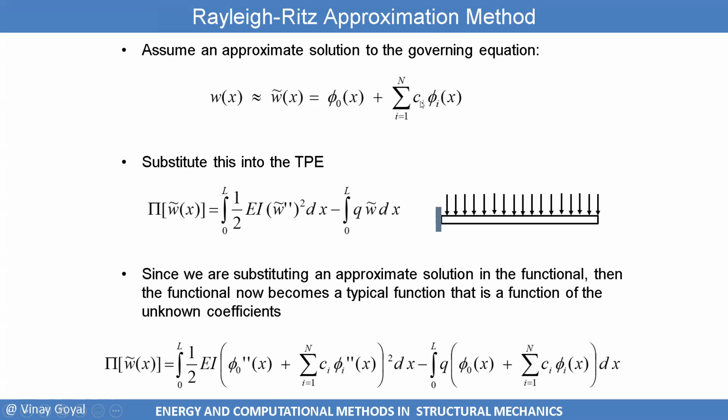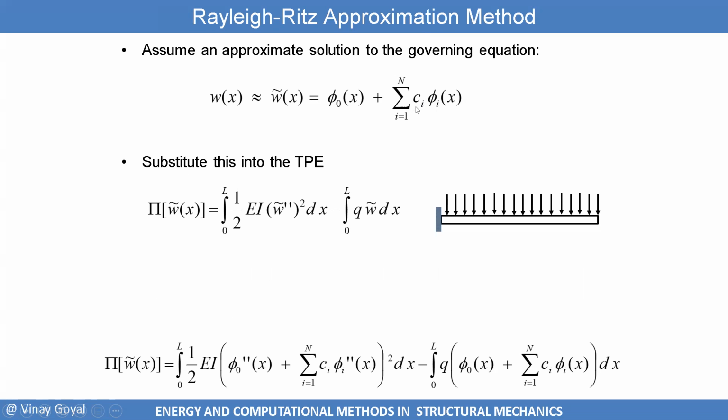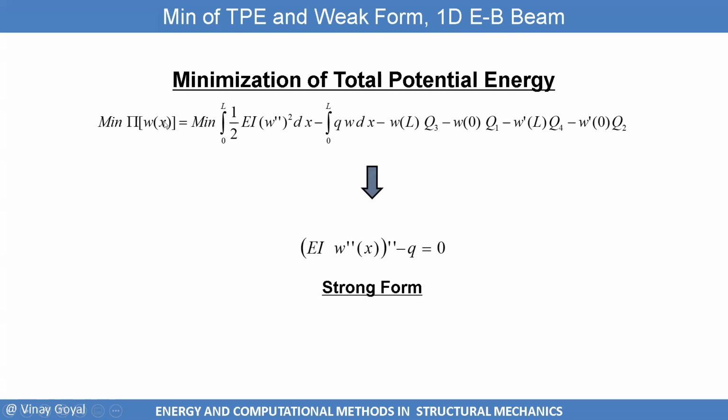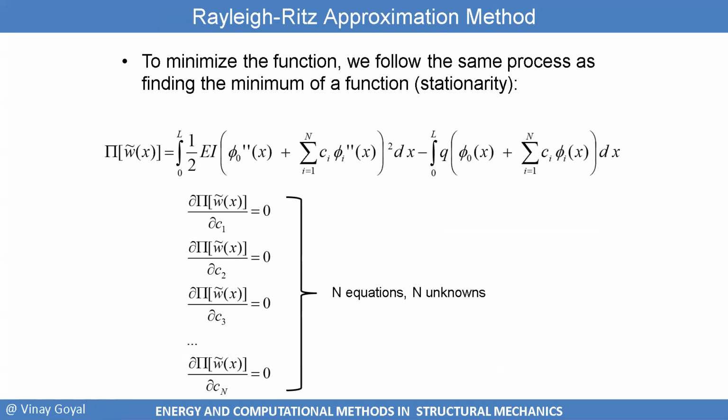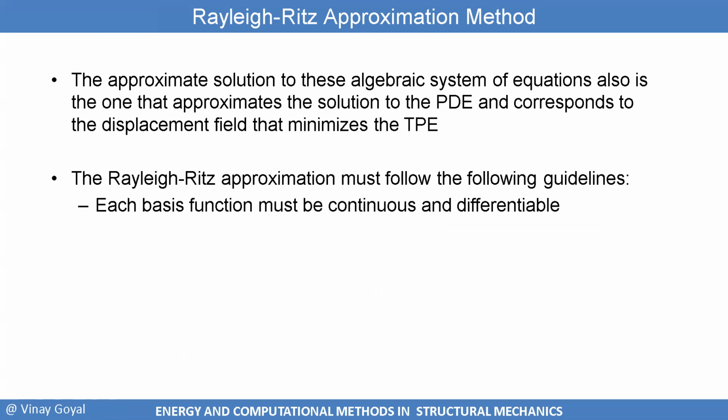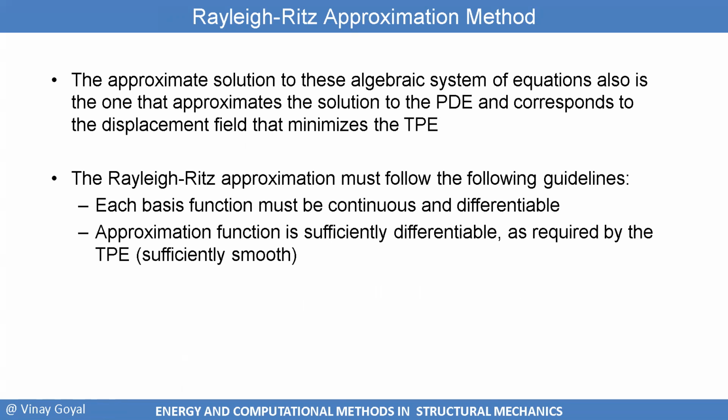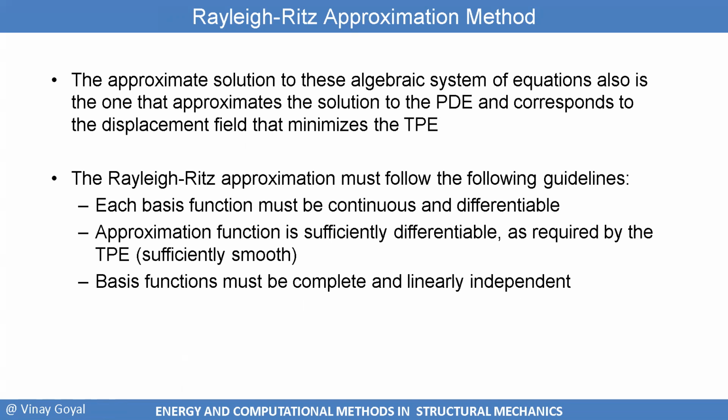So the Ci's are known, and that approximation, which is the one that minimizes pi, is actually also the approximate solution to the strong form, which again is a very insane idea. To me, this class is by far one of the best courses I've ever taken because, I don't know, it's just insane. It's just a great idea.